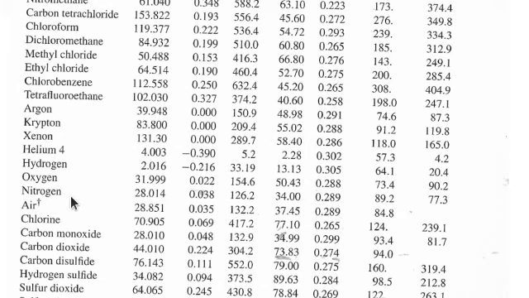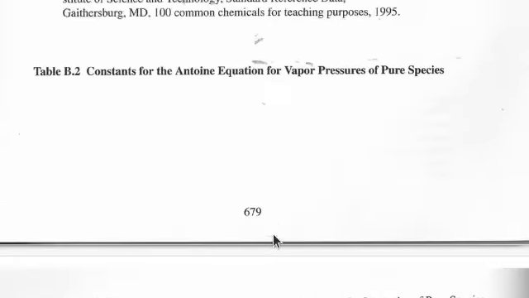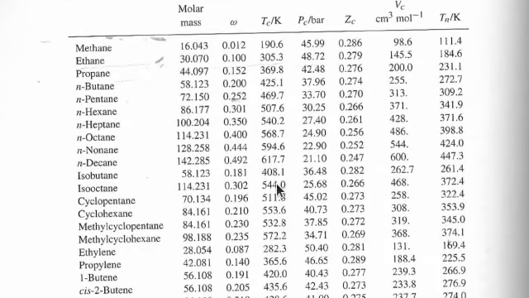Nitrogen is almost the same, and air contains oxygen and nitrogen. Chlorine has this property, and carbon dioxide has this property. So this way you can get the critical temperature and pressure from this table that you will use in your numericals.